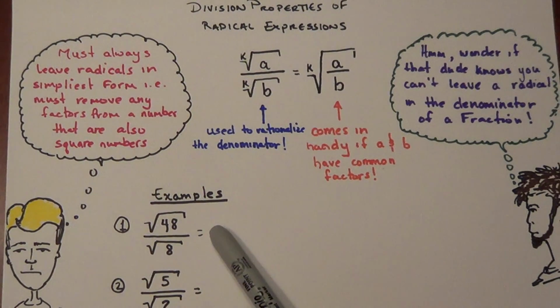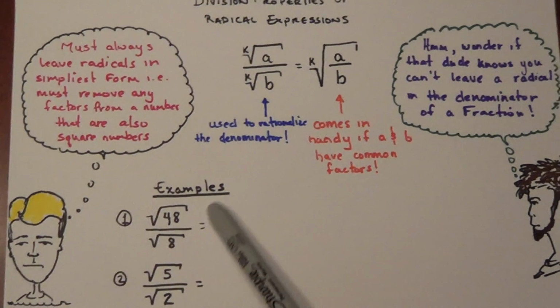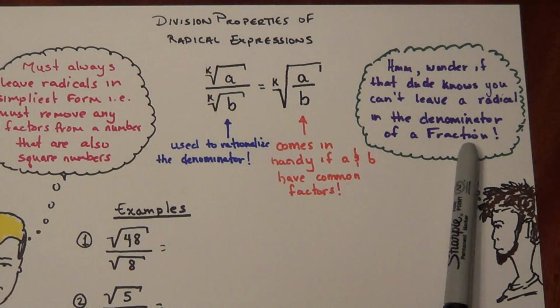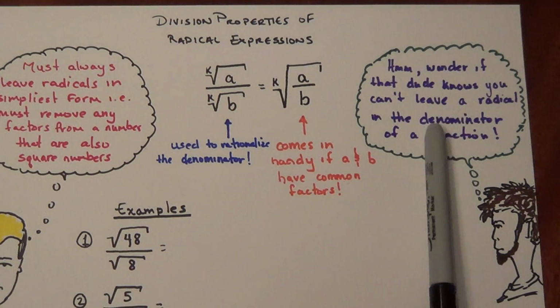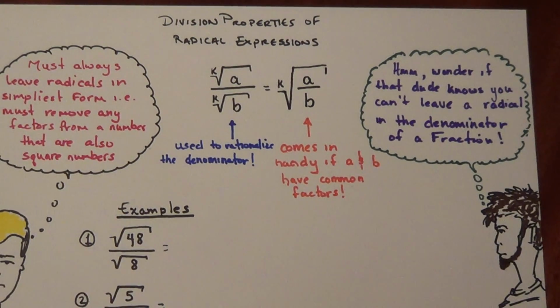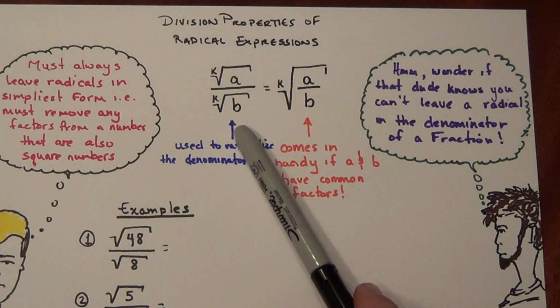Okay? So, the next thing we have to talk about is this guy over here, okay? He's saying, wonder if that dude knows, can't leave a radical in the denominator of a fraction. So, we go back to this formula and we go, well, how does this make sense then?